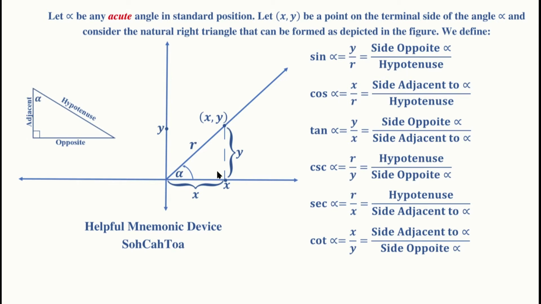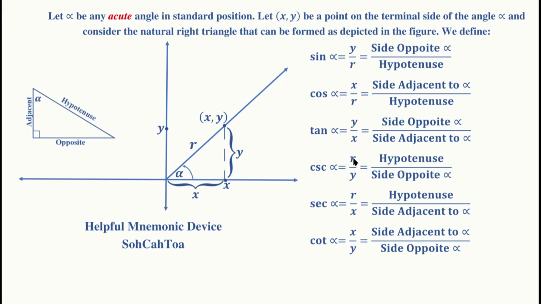Notice that even in standard position, it's consistent, because you get the adjacent side here to alpha is x and the hypotenuse is r. So same thing. Now tangent of alpha will be opposite over adjacent. Again, notice it works here too. Opposite y over x. That's exactly opposite over adjacent.